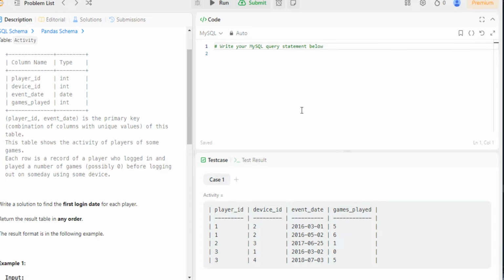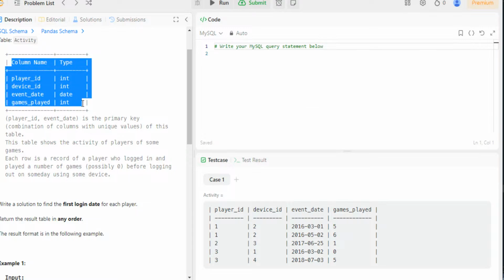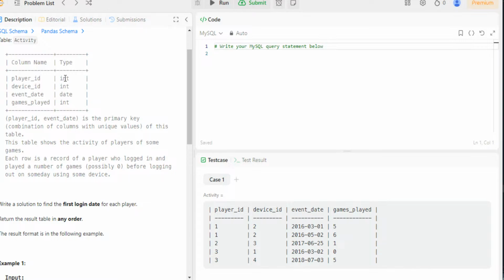Alright, let's see. We're given a table, and here's the schema. It's going to have four columns: int, int, date, and int. Just FYI, dates can be very, very tricky and very annoying. Player ID and game ID are the primary keys, a combination of columns with unique values in this table.